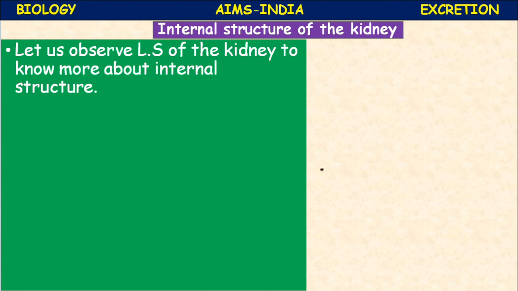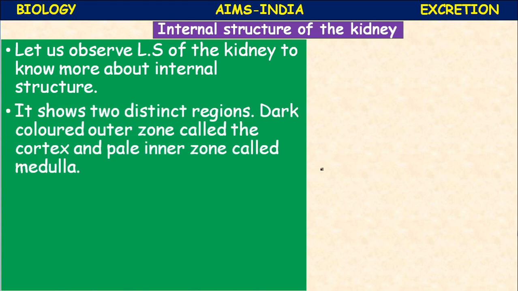In order to study the internal structure, we need to take the longitudinal section of the kidney. Let us observe the LS of the kidney to know more about the internal structure. The LS of the kidney shows two distinct regions.